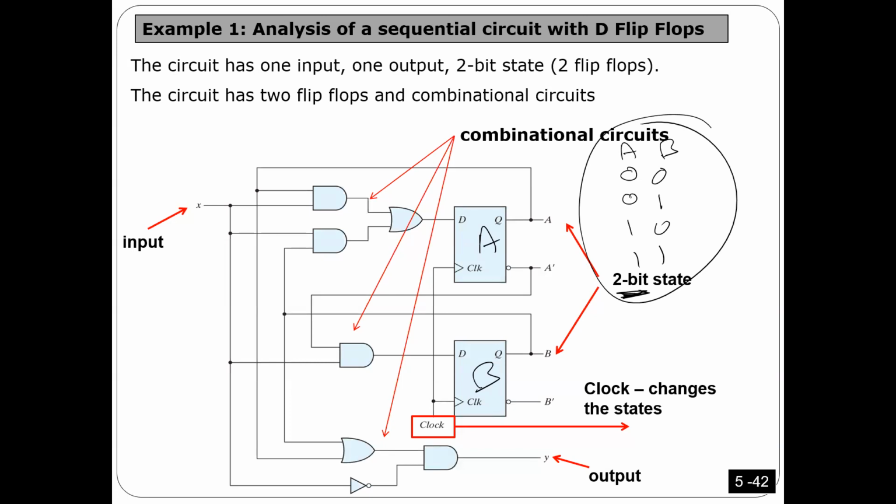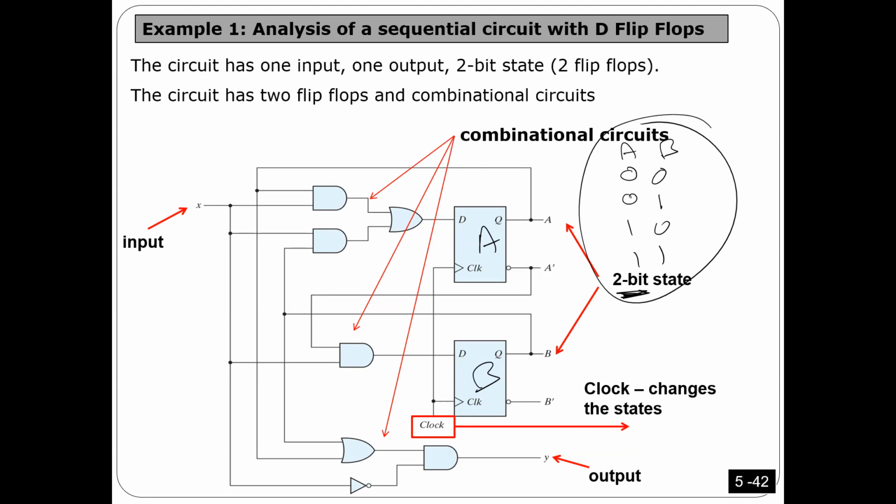And in each clock, a transition happens. What do you mean a transition happens? It means if I'm in this state and there is a clock, based on the values of the inputs, I may stay in the same state, or I can move to this state or that state, and so on.